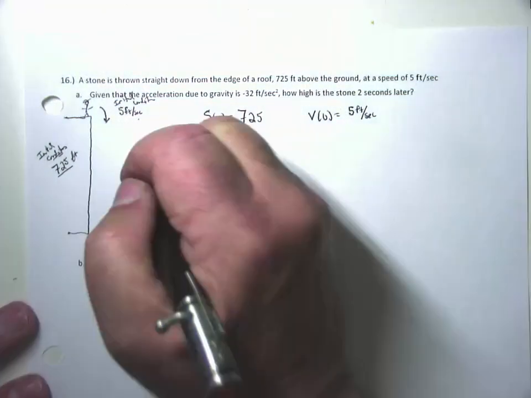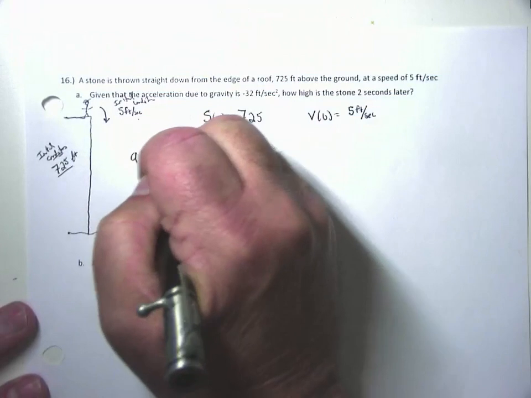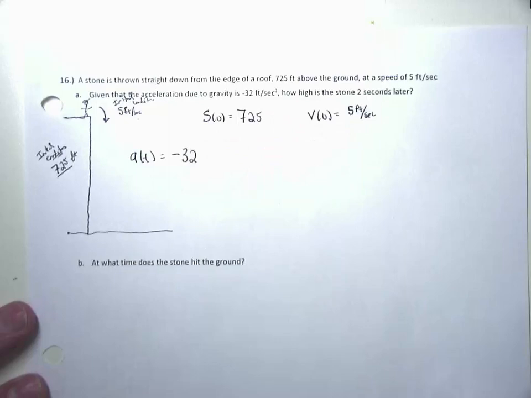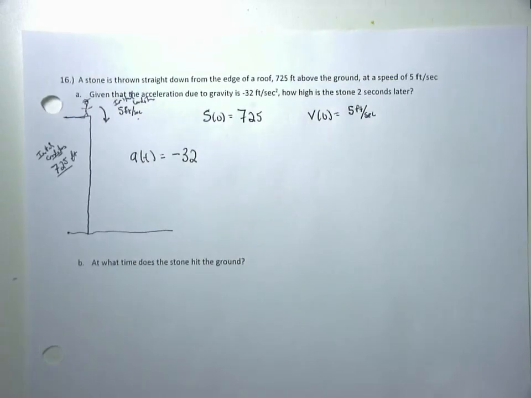The acceleration function due to gravity is negative 32 feet per second squared. It's a function. It's a constant. Negative because gravity is pulling you down at 32 feet per second squared. It's a constant. So that is a function.